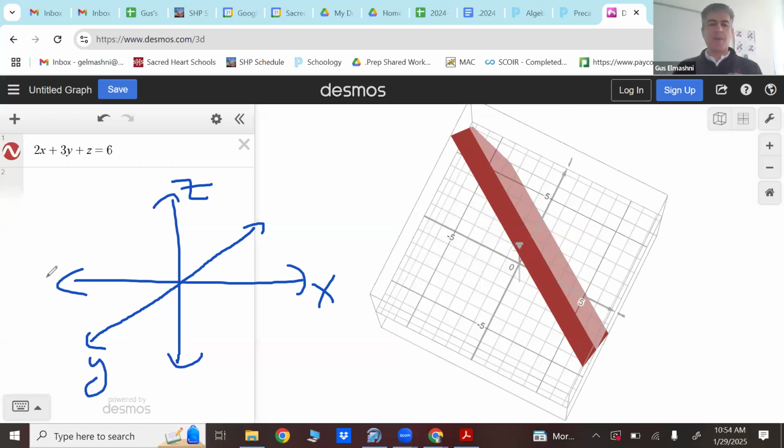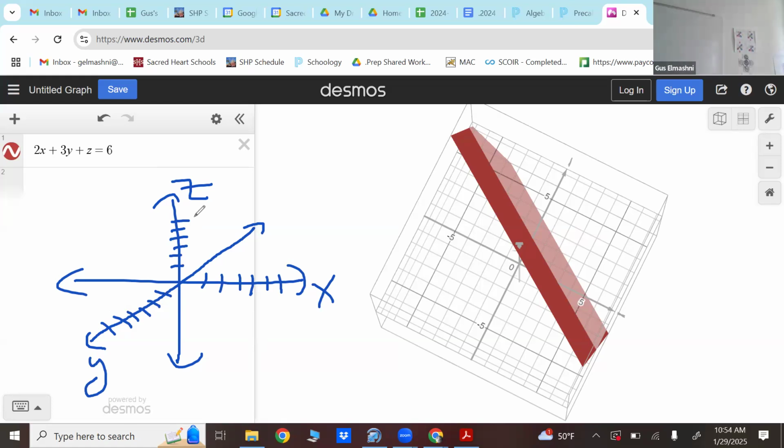This is not quite working the way I wanted it to. So what I just drew is called a three-dimensional plane. I'm going to draw 6 tick marks on each of these axes. So it's a little tricky.